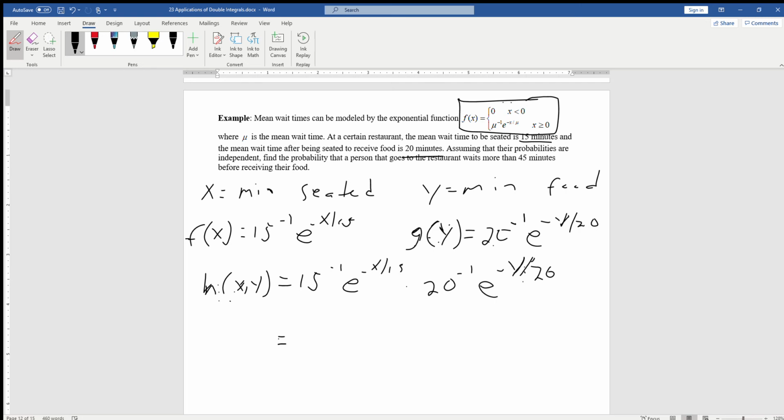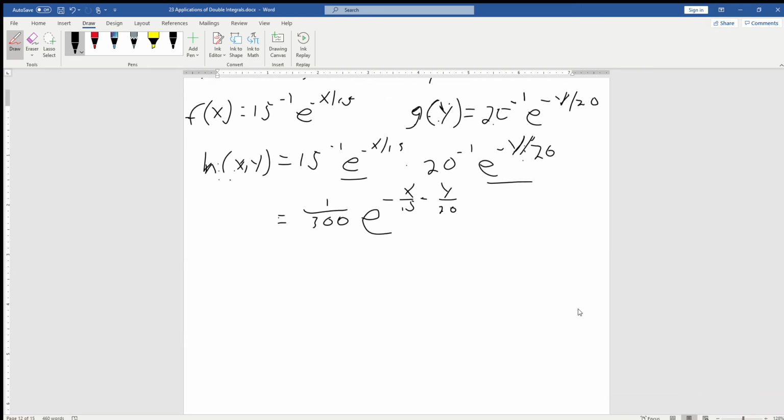And then since we have a common base of e, we can add the exponents together, so we just end up with e to the minus x over 15 minus y over 20. So that's our function.